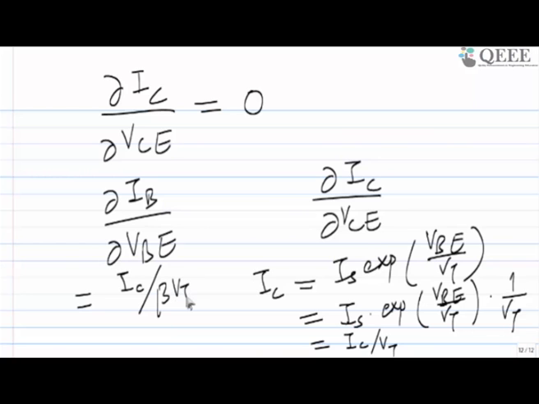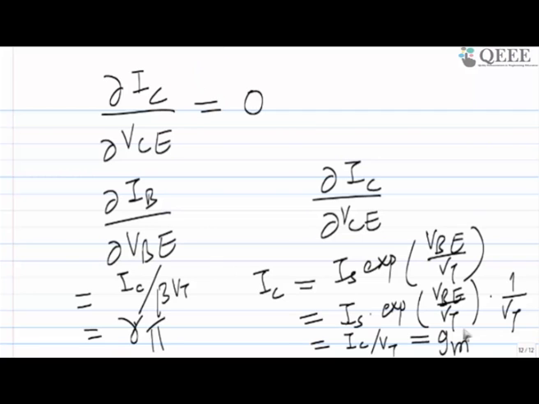We are going to call IC by beta VT as R pi, because it's associated with the pi model, and this one we are going to call GM.